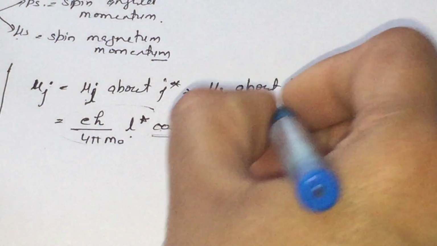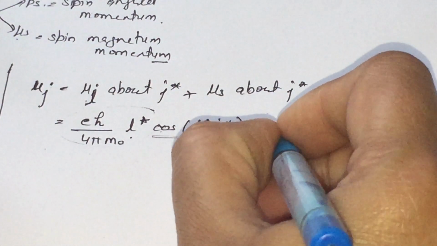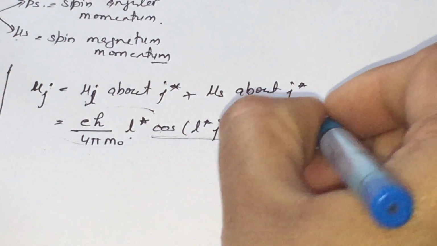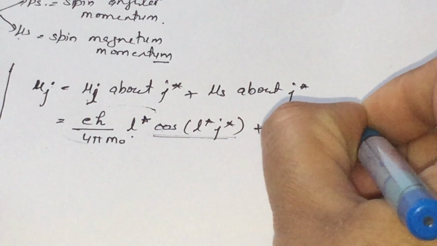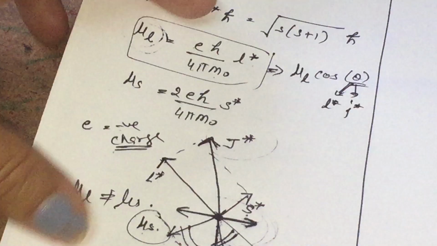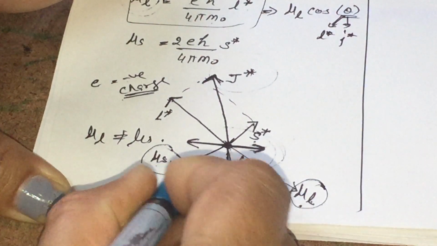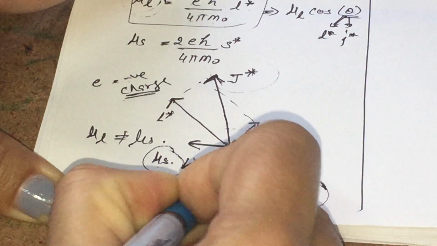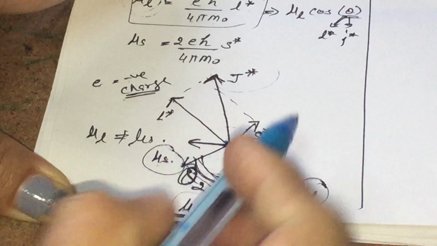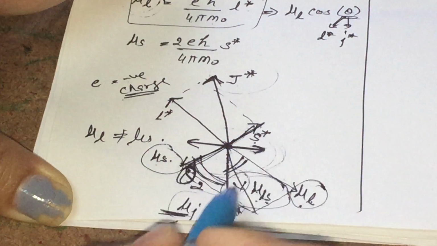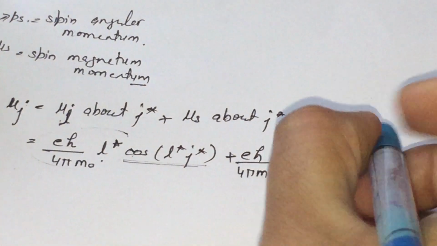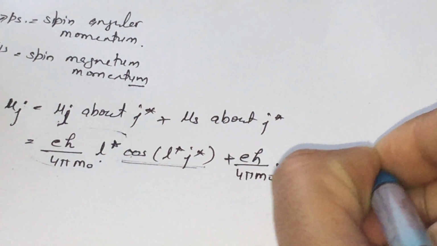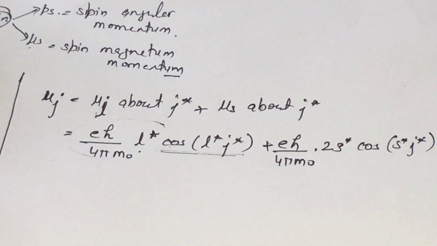Similarly, we can put in our value of mu_S from our previous derivation, that is eh upon 4 pi m naught, and here now it is 2 times S star. Now we have to take the angle between mu_S and mu_J, and let us consider this as theta 2, representing the angle between S star and J star.